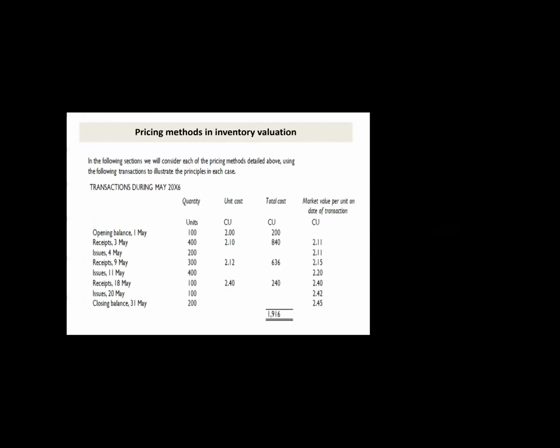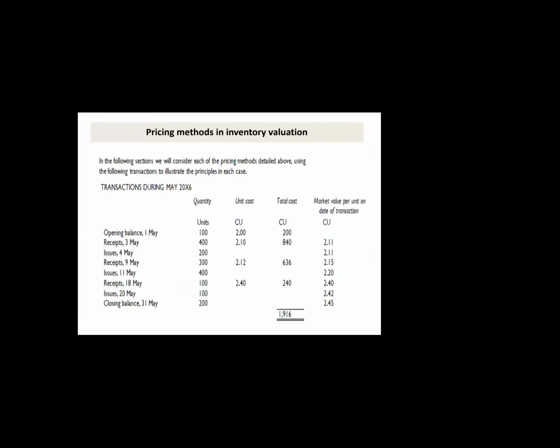Now come to another method of inventory valuation, that is the weighted average pricing method. It's very simple and easier. We will calculate one value of inventory by summing all the receipts up to the issue date.